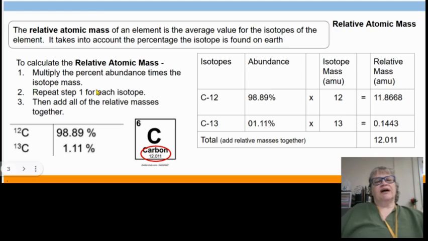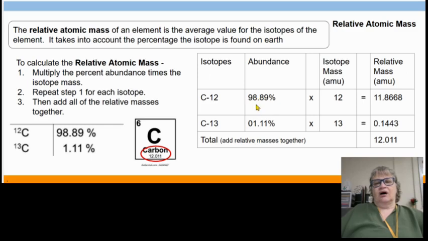And then you repeat that step for each of the isotopes that you know, right? So we're also given that carbon 13 is 1.11%. So if I multiply 1.11% times 13, I get that mass is 0.1443. Okay. Once I've done all of my isotopes, then I'm just going to add all of the relative masses together.